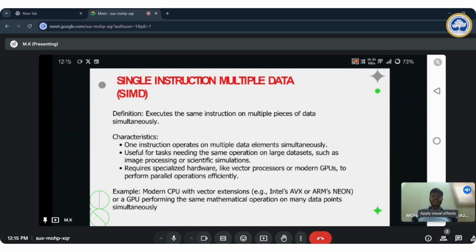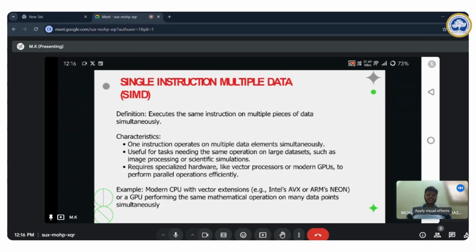Requires specialized hardware like vector processors or modern GPUs to perform parallel operations efficiently. Example: a modern CPU with vector extensions, like Intel AVX, or a GPU performing the same mathematical operation on many data points simultaneously.